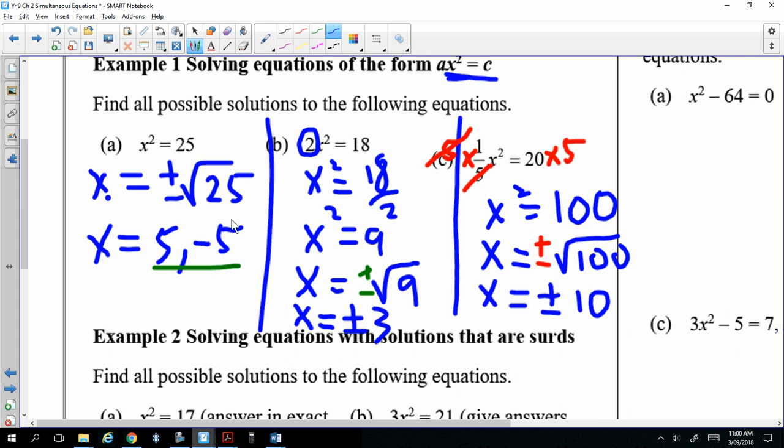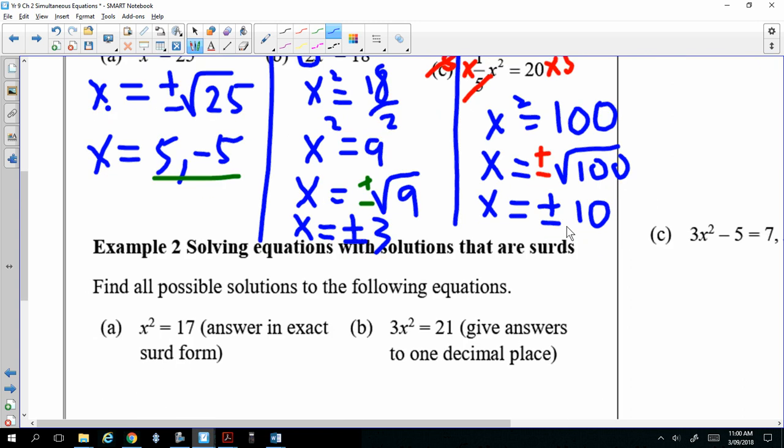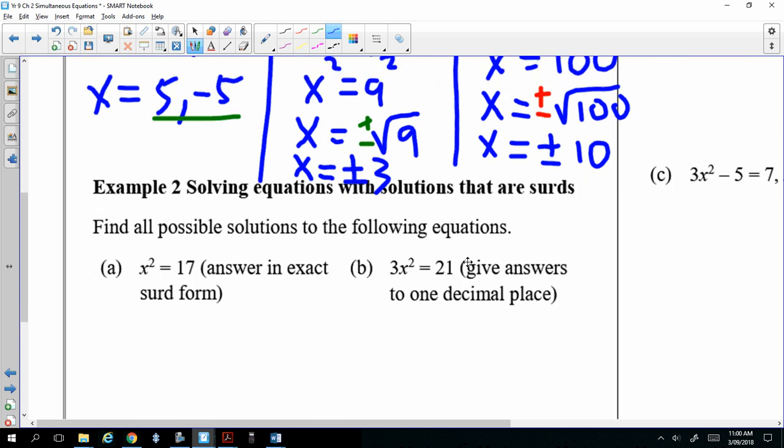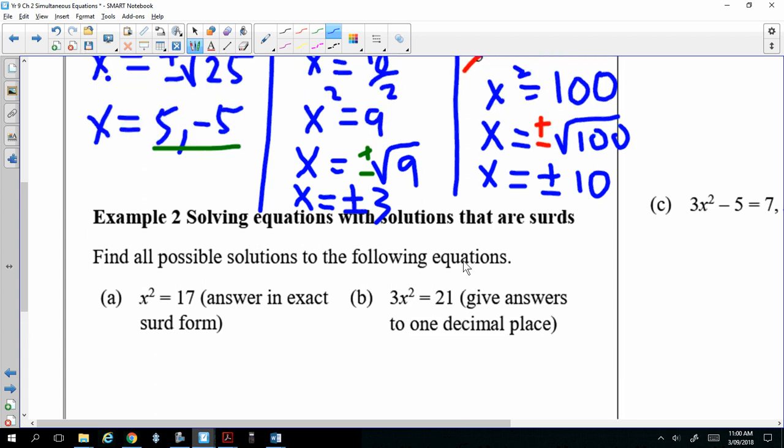That's super easy. Simultaneous equations are harder. This is easy. You just have to do square root. You don't have to do anything. All right. Let's do this. Next one.